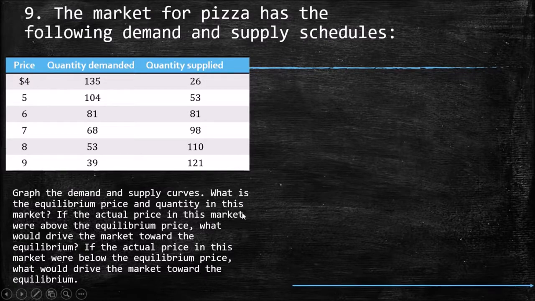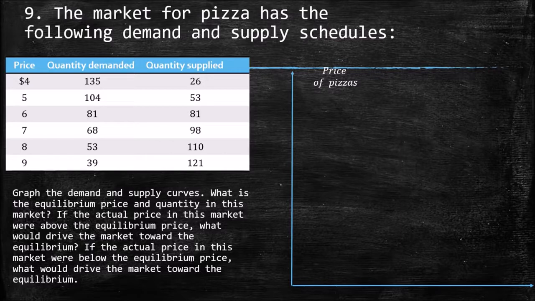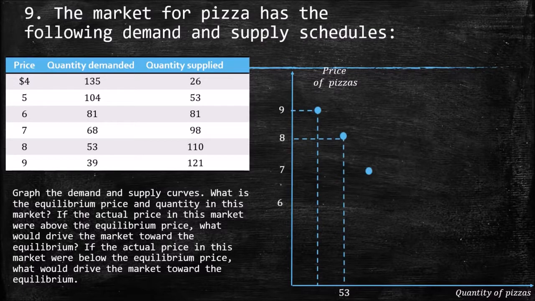Okay, so first we're going to graph the demand schedule. Here we have the y-axis, the price of pizzas measured in dollars, and here we have the quantity of pizzas.